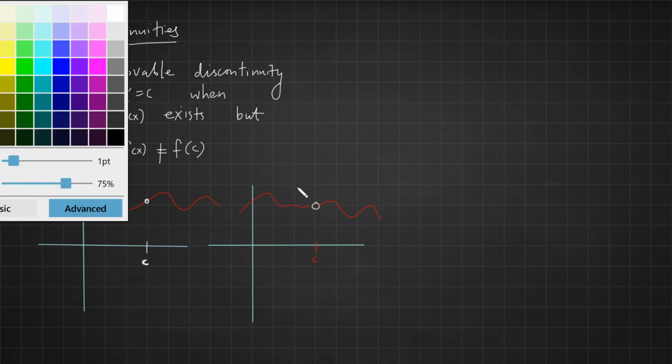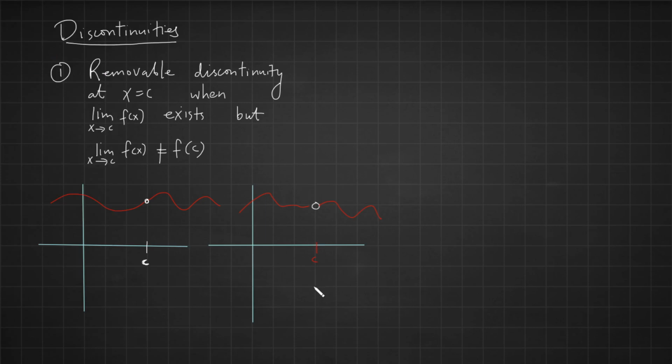Hindi nga lang ito yung value niya. It's somewhere else. Halimbawa dito. Ayan. So these are the two possibilities on which we have a removable discontinuity. Okay, so let's look at an example.